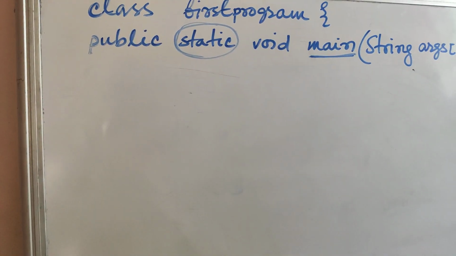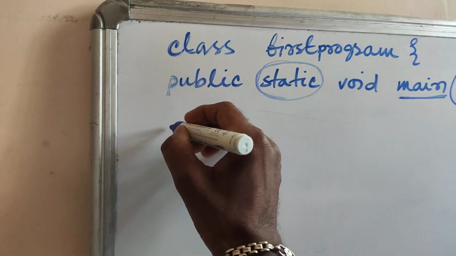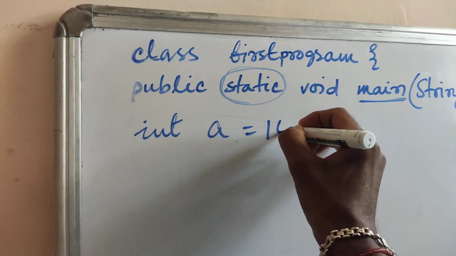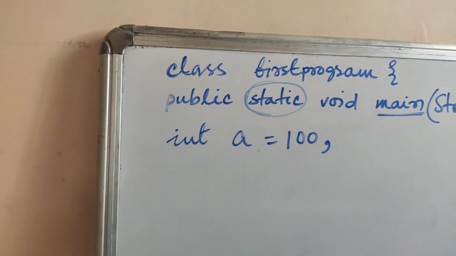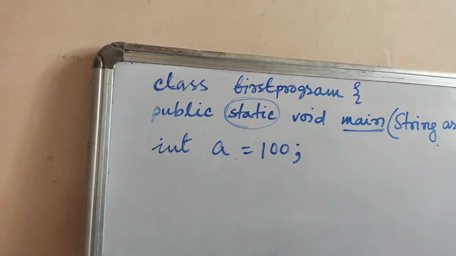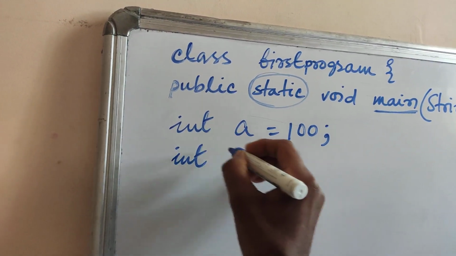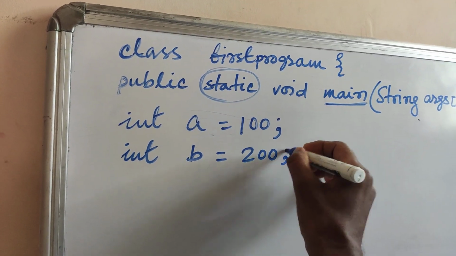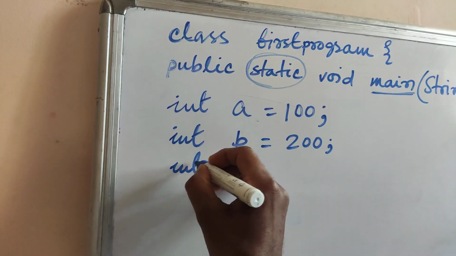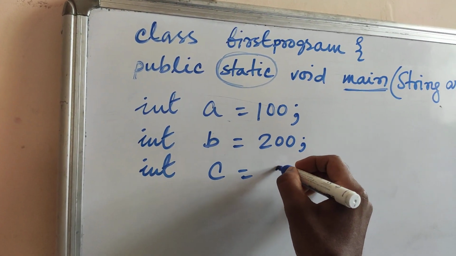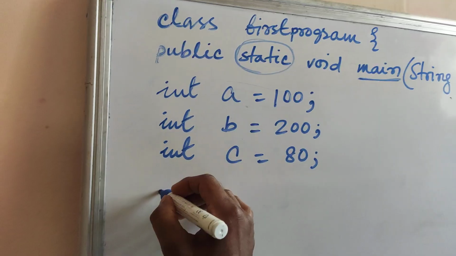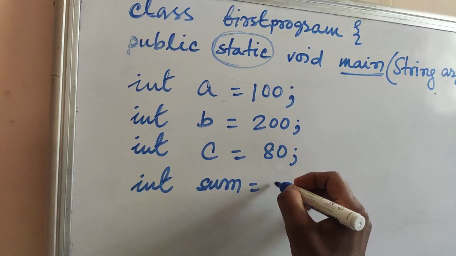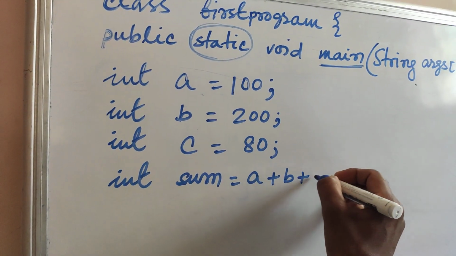See, when you want to add two numbers, suppose I am writing int a equal to 100, semicolon, int b equal to 200, semicolon, int c equal to 80, int sum equal to a plus b plus c.